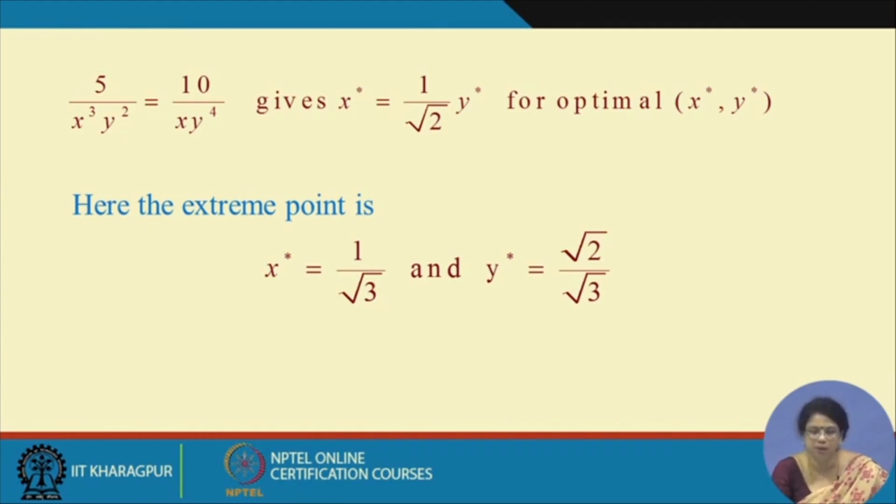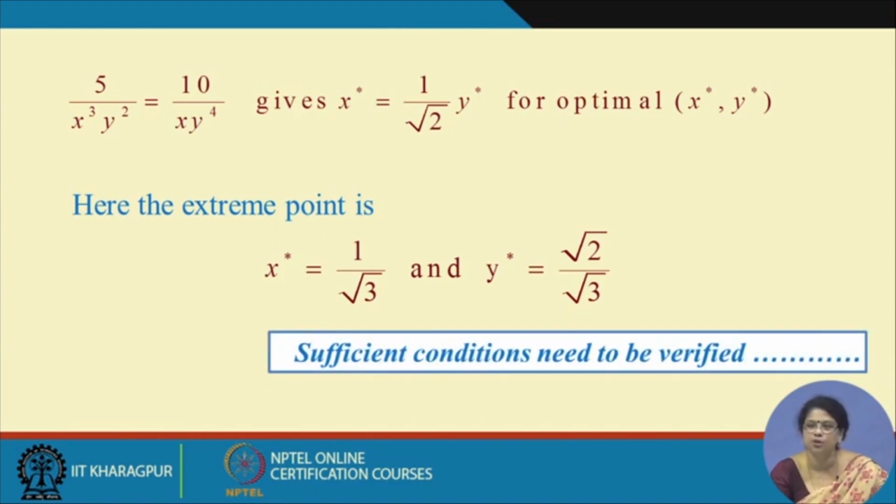That part you should do to get the sufficient condition. This I am keeping as an assignment for you. Do it on your own: find the Hessian matrix, find the principal minors, or you can go for the eigenvalues, and check whether each extreme point is a minimum or not.